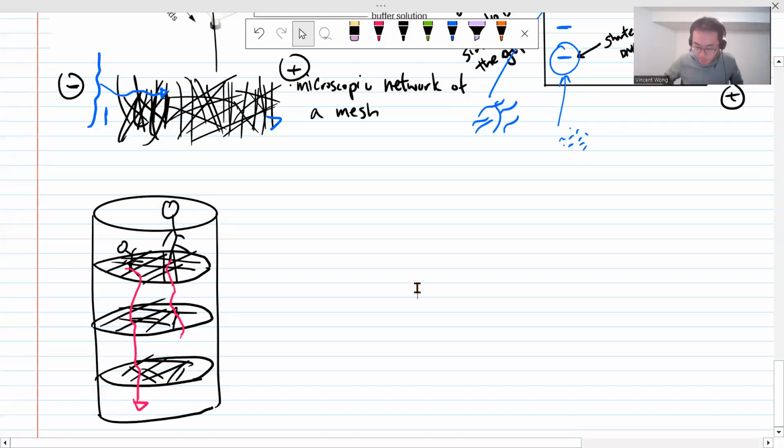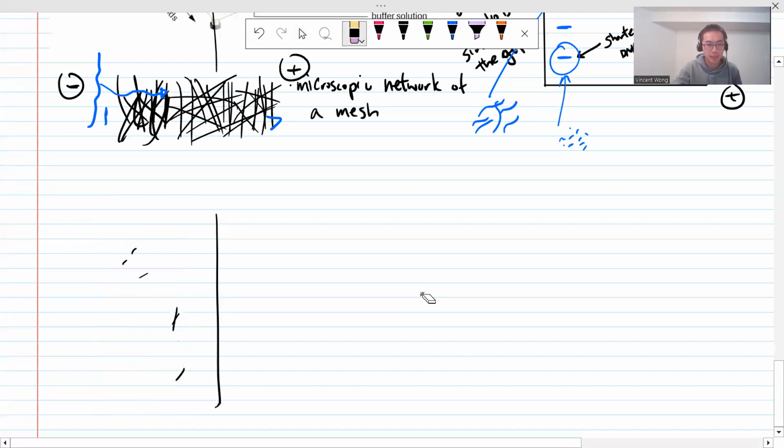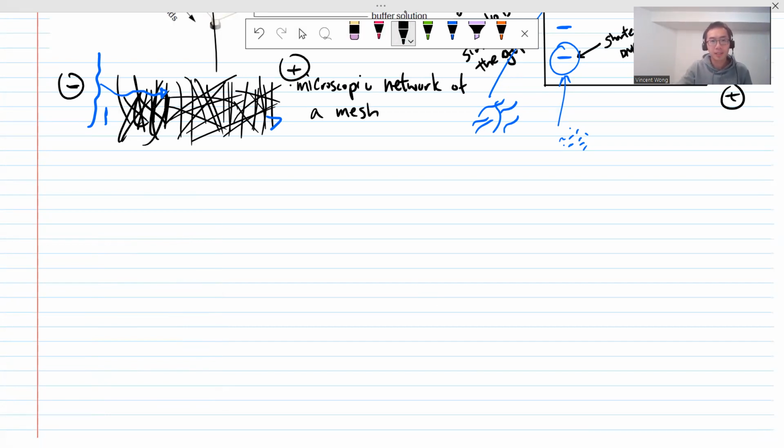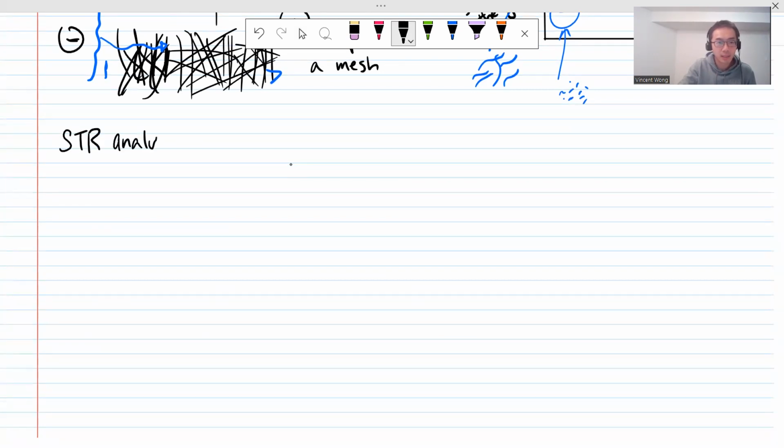All right. Let's put everything together. This is gonna be a big note, so make sure you give yourself plenty of space. Let's say we consider two individuals. This is called STR analysis using gel electrophoresis.